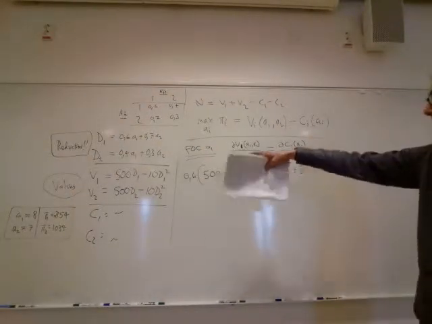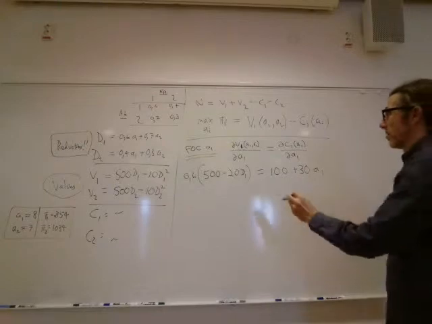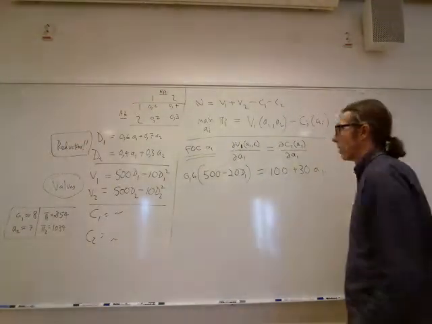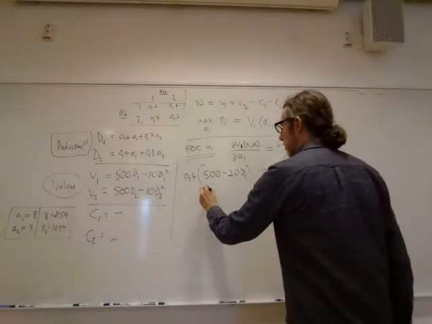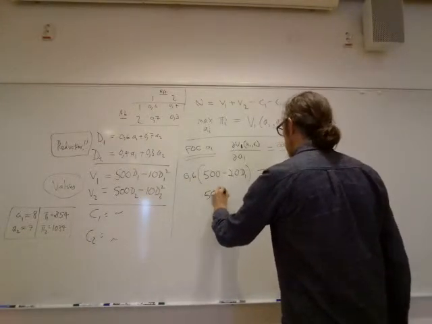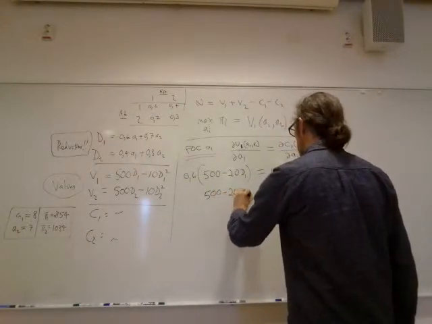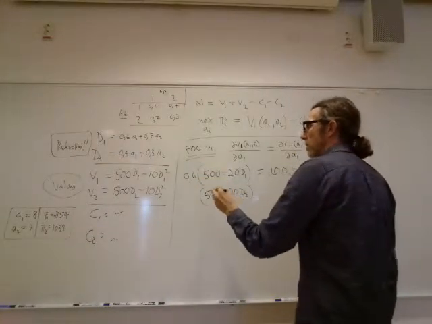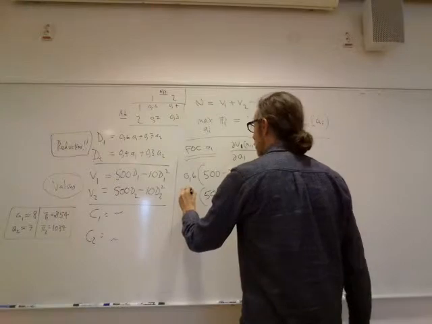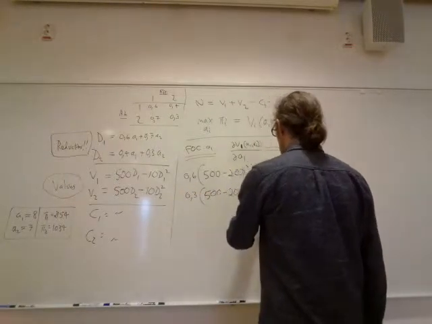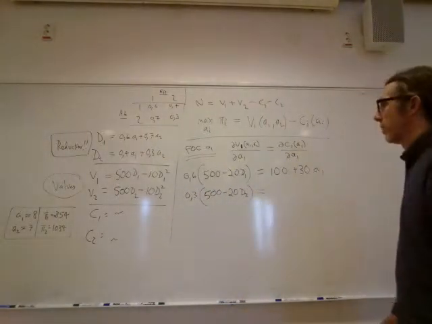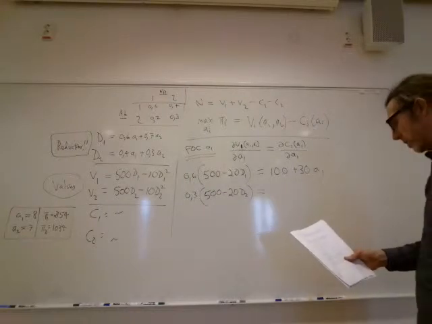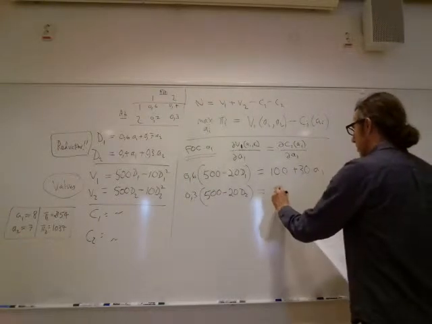And the other first order condition is going to be the dV2/dA2, which is the dV2/dD2, 500 minus 20 D2, times the dD2/dA2, which is 0.3, is equal to the dC2/dA2, which is 50 plus 40 A2.